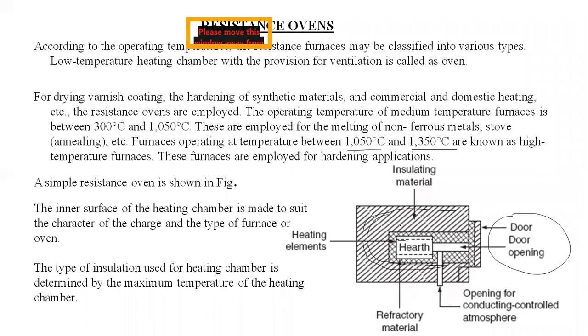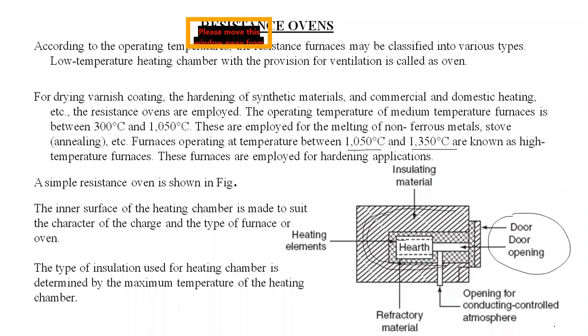If you want to heat the material at a medium temperature, then you construct this as a medium temperature furnace, which is about 300 degrees centigrade to 1050 degrees centigrade. So this is all about indirect resistance heating.